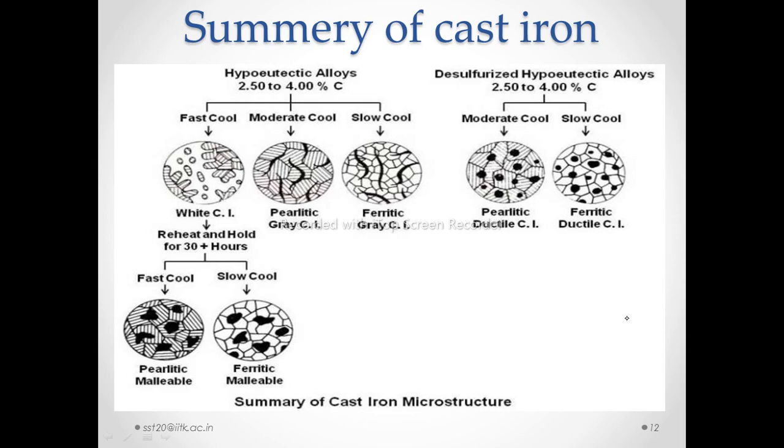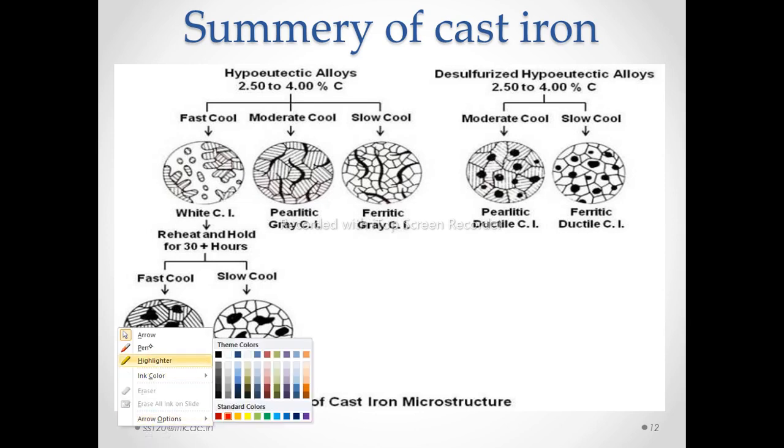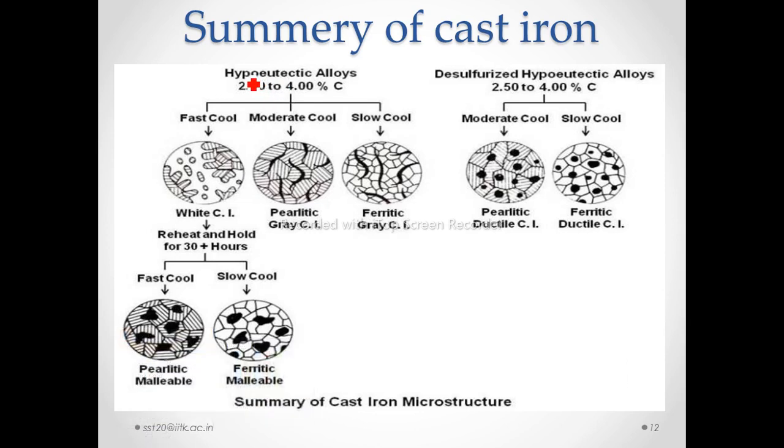The overall summary of cast iron is depicted in this picture. First of all, the hypoeutectic alloy consists of low carbon in the cast iron, that is 2.5 to 4%.